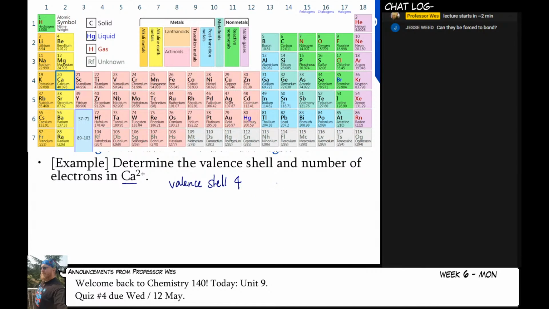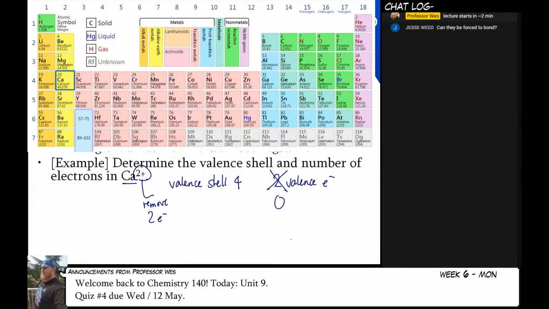The ones digit is 2, so there must be 2 valence electrons. Now, if I want to make it plus 2, that means I have to remove 2 electrons, right? So that would be these.